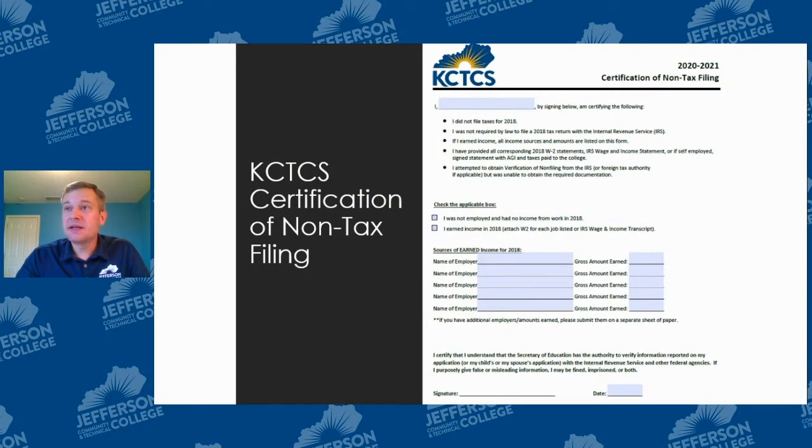The KCTCS Certificate of Non-Tax Filing. If you, your parents, or spouse did not file taxes in 2018, you will need to complete the KCTCS Letter of Non-Filing Taxes. This is only if that person lived in the United States in 2018. When completing this form, please put your name or the name of the tax filer at the top of the page.